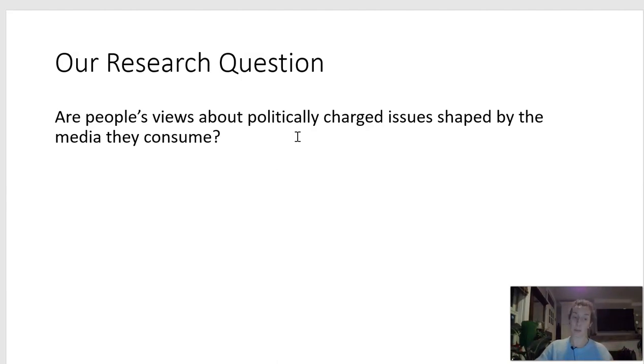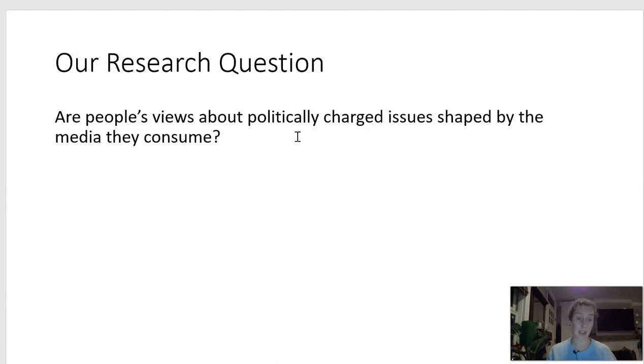So we need to reshape this to have it be about the relationship between them, not that the media is shaping the views, because we all know and we can all accept that many of us have views that we have, and therefore we seek out media that confirms those views, right? So it's not just that media shapes our views, it's that our views shape the media that we're consuming as well.